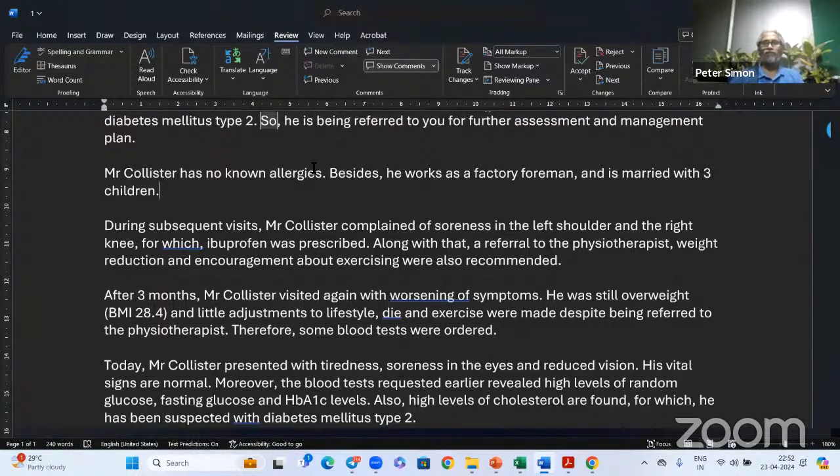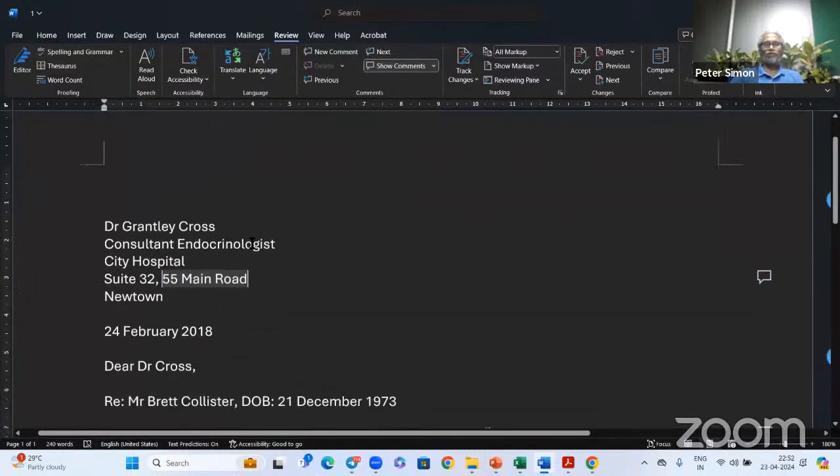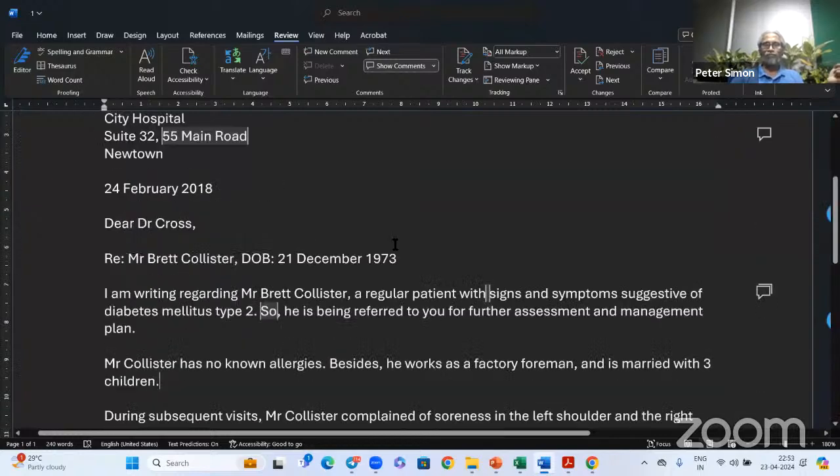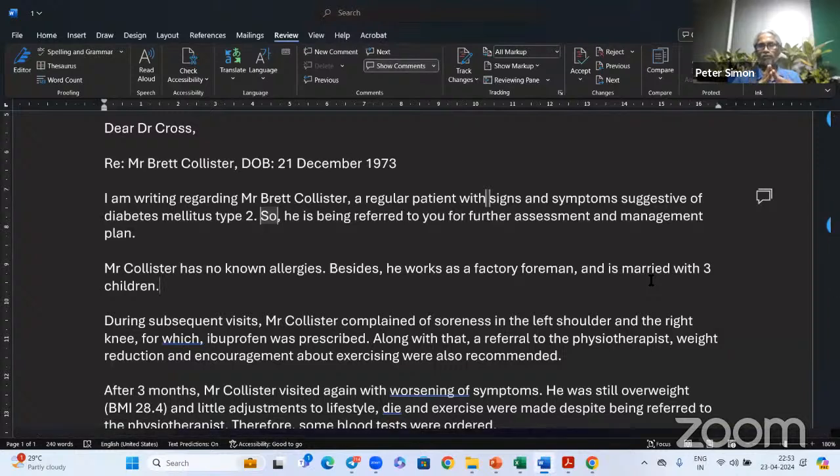Is this anywhere helping the endocrinologist to diagnose his situation, that he has children? What sort of information are you giving? If it is important, write it. If it is not important, leave it.